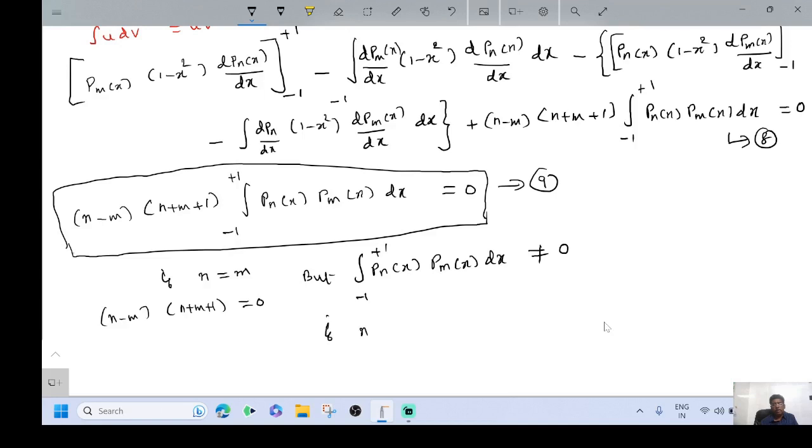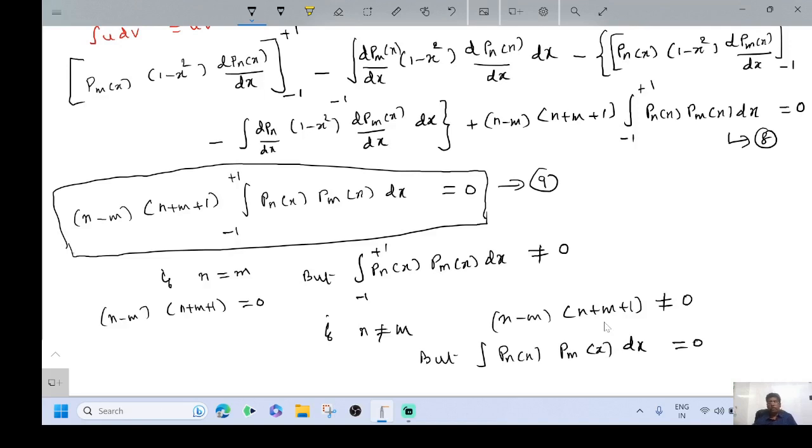If n not equal to m, n minus m into n plus m plus 1 not equal to 0, but integral Pn of x into Pm of x dx equal to 0.